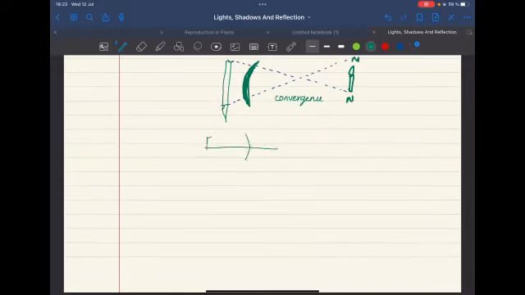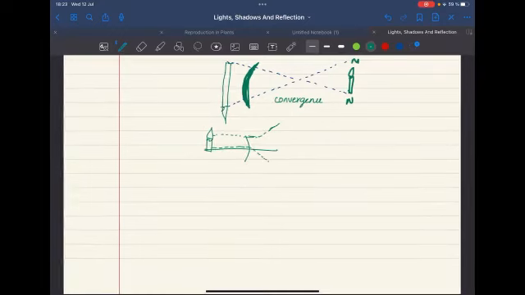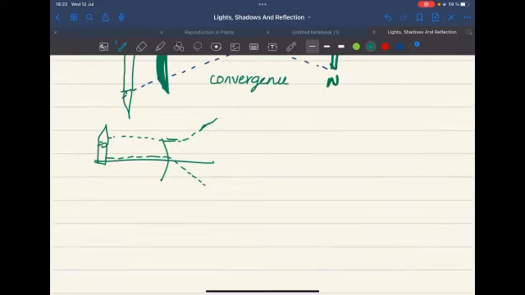here is the object. The reflection goes like this and it moves away. It does not converge, it does not cross. I'll draw it in a more straight way.